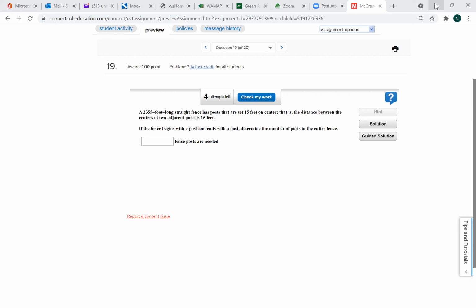It is 157, meaning that if I take 2,355 and divide it by 15 feet, I'm going to have 157 of those possible 15-foot sections. But I want to look at this on a smaller scale. So let me show you on a smaller scale.